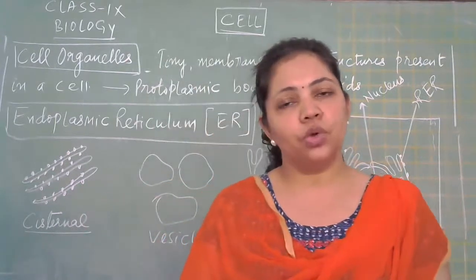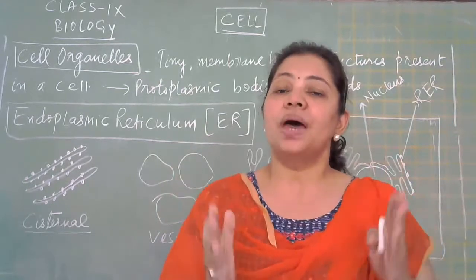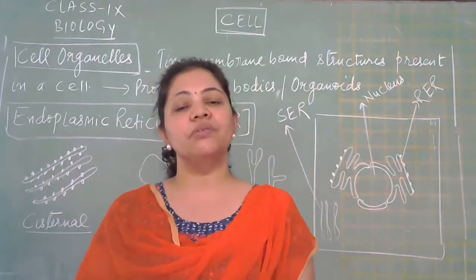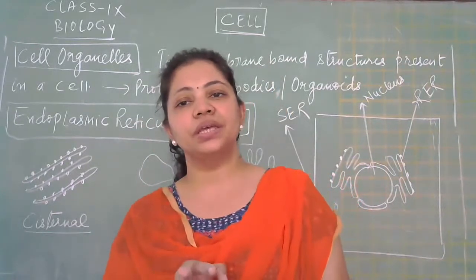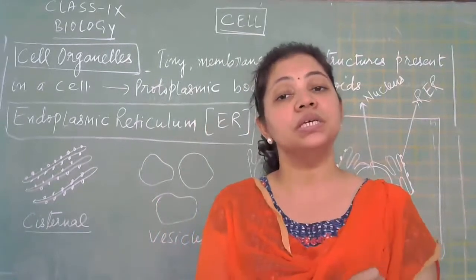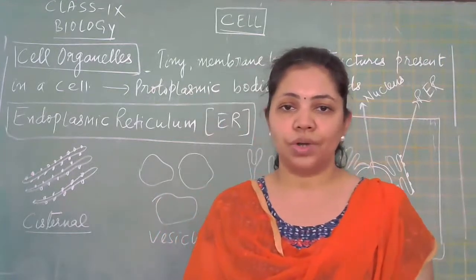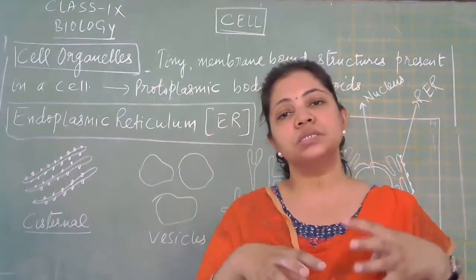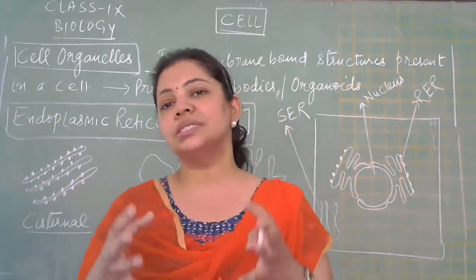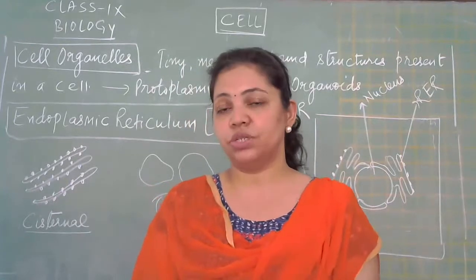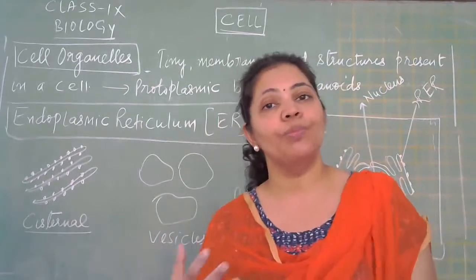In the structure of the nucleus, you have discussed that the nucleus is a double membrane bound organelle present inside a cell. Of the two membranes, the outer membrane is rough and the inner membrane is smoother. The outer membrane is rough because it has attached ribosomes, right? Then you discussed the internal structure of the nucleus. Inside the nucleus, the floor of the nucleus is made up of a jelly-like substance known as nucleoplasm.